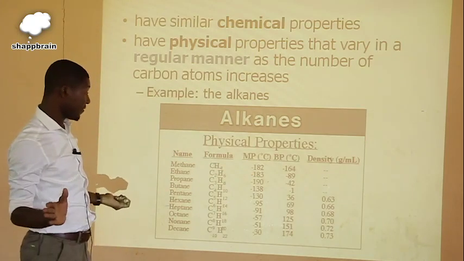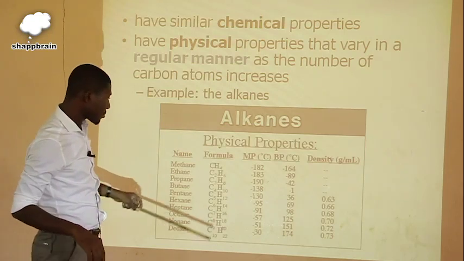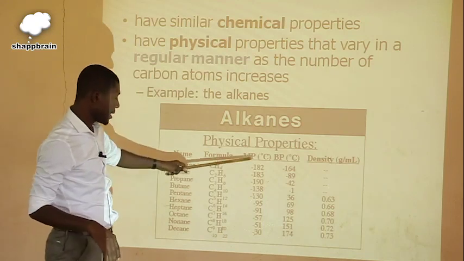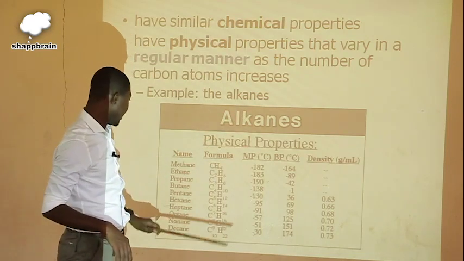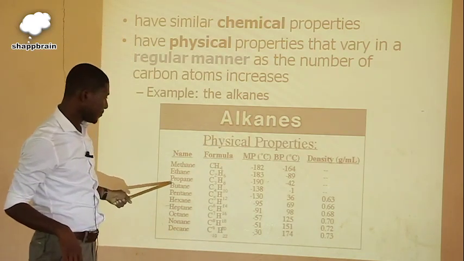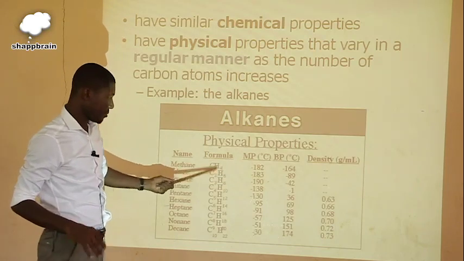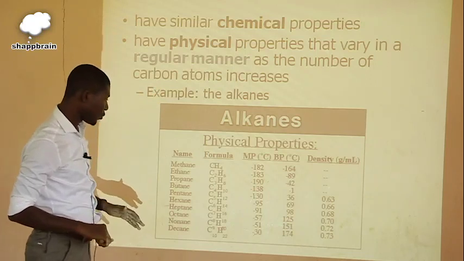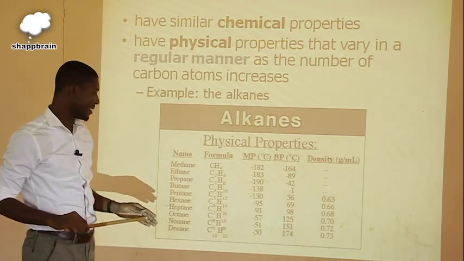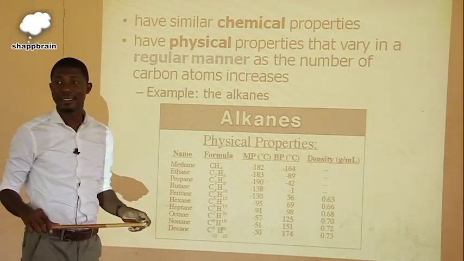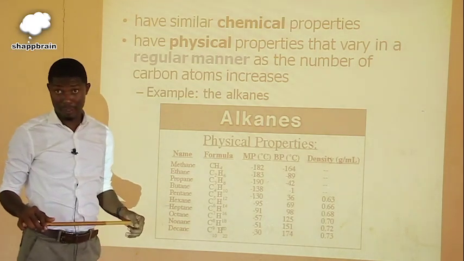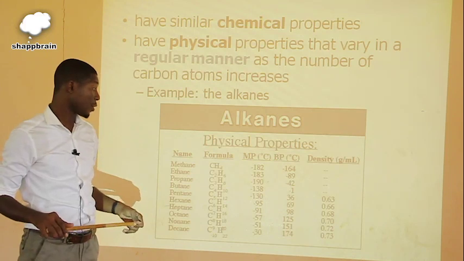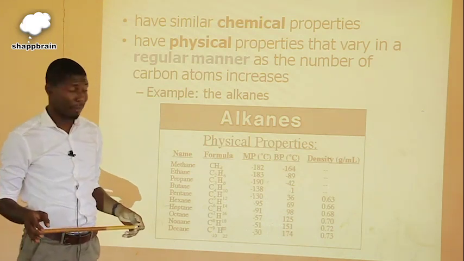So you just observe generally that as you move down the series, between ethane and propane, there's a swift or irregular pattern. But from that point down, you observe that there is an increase in melting point.